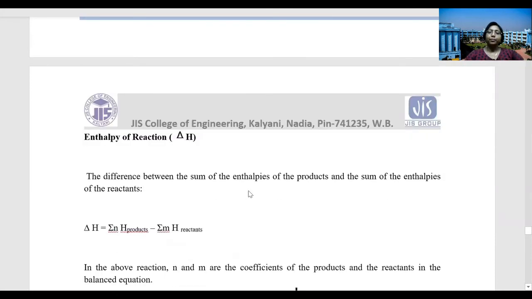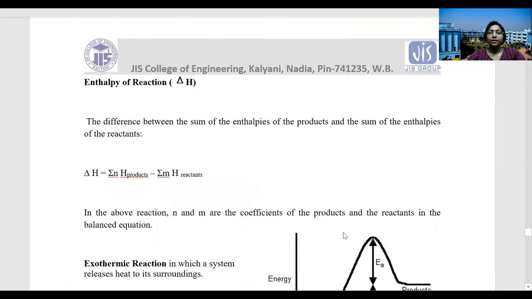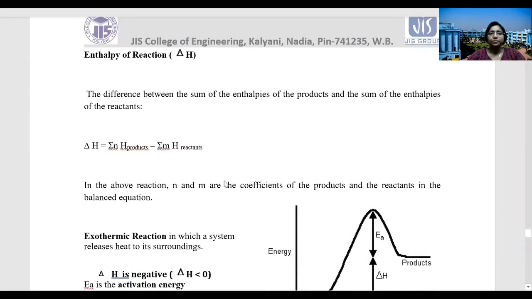Now, a very important part: if you want to calculate the enthalpy of a reaction, delta H. What will be the enthalpy of a reaction? The difference between the sum of the enthalpies of the products and the sum of the enthalpies of the reactants is called the enthalpy of a reaction.